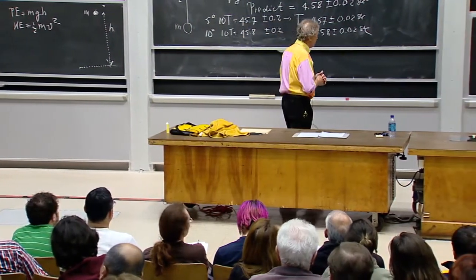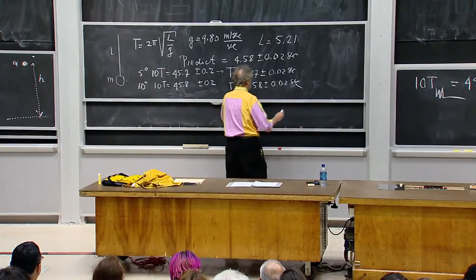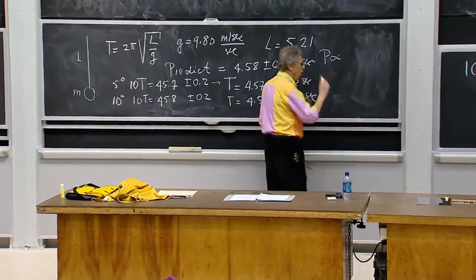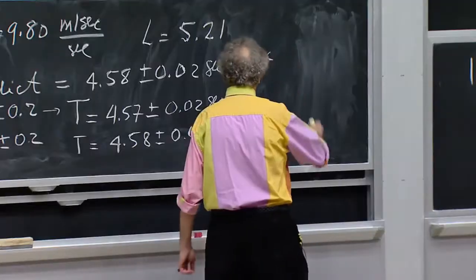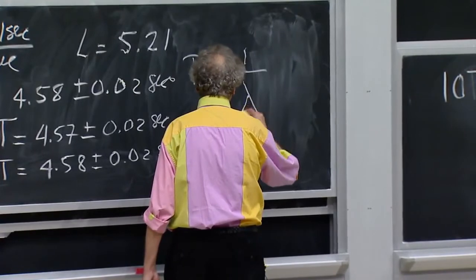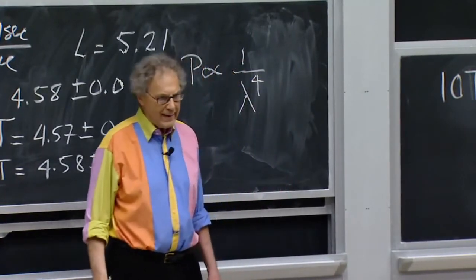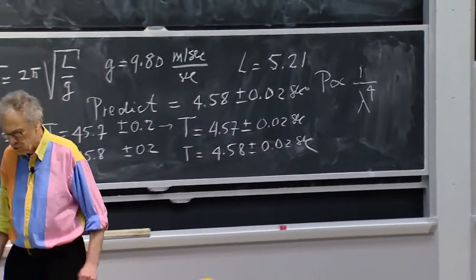The dependence of the power of scattering, so I'll call that P, the power, is proportional, when we have Rayleigh scattering, and this is the only equation that may bother you, to 1 over lambda to the 4th, and lambda is the wavelength of light. And I will not bother you to tell you what the wavelength of light is. That may confuse you.